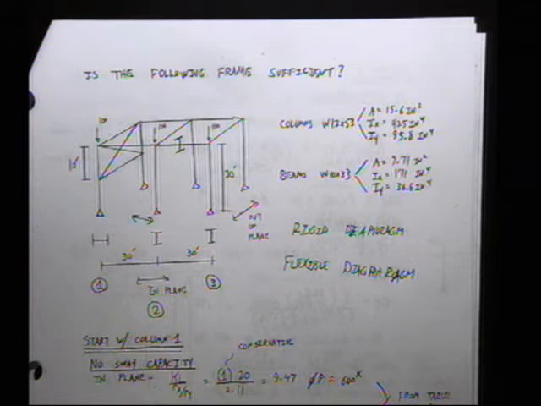Oftentimes you don't rely on sheet metal roofs as rigid diaphragms because they're paper thin. They're supposed to be attached everywhere, but they're often not attached as often as they're supposed to be. So if you have a thin roof deck and you want to make it a rigid diaphragm, how can you do that?